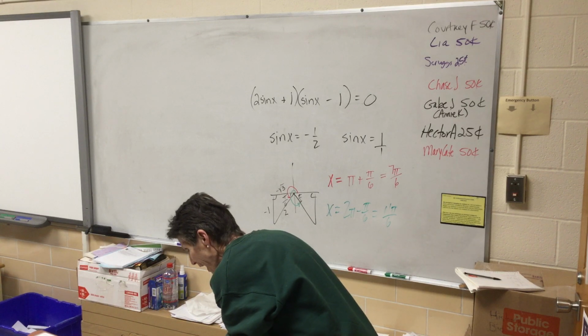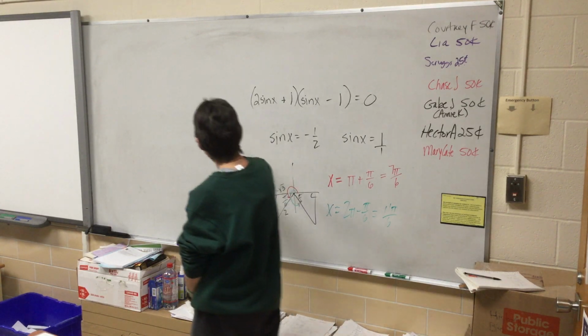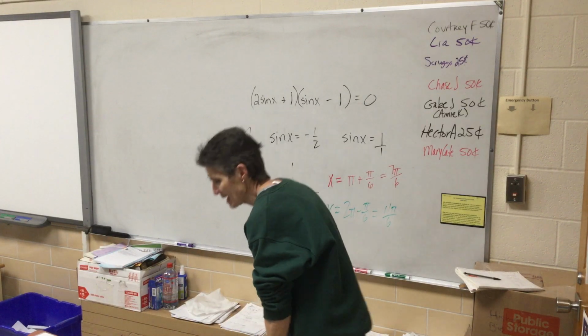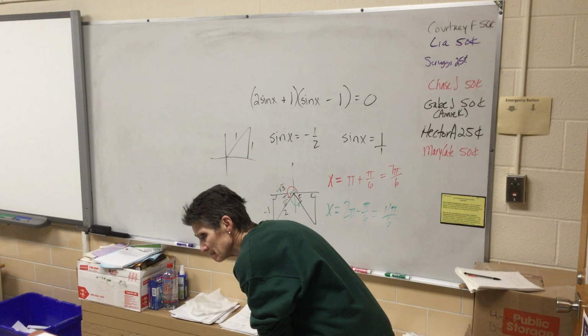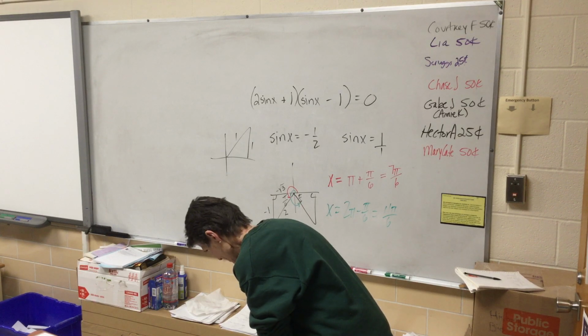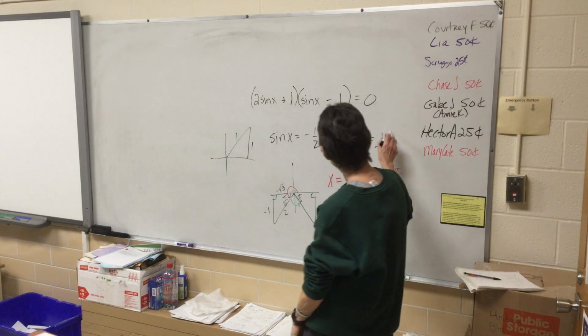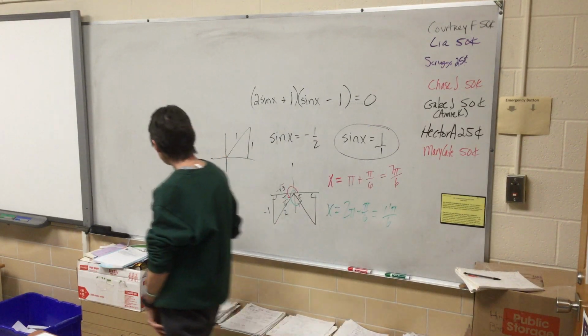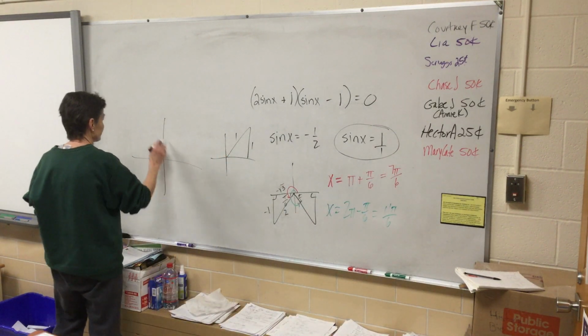And is that possible to draw a triangle where y and r are the same? Is that possible? No. So if it's not possible to draw this in a triangle, I'm going to draw it in a circle.